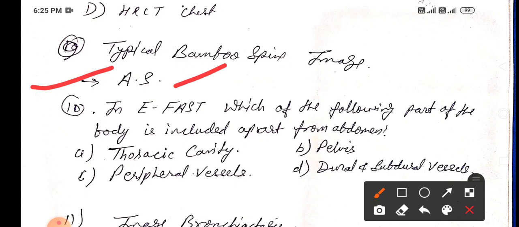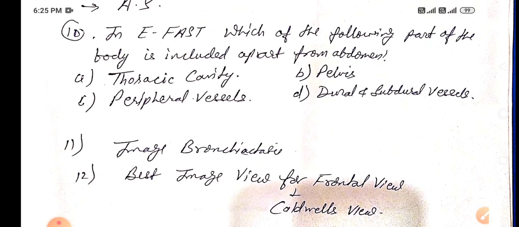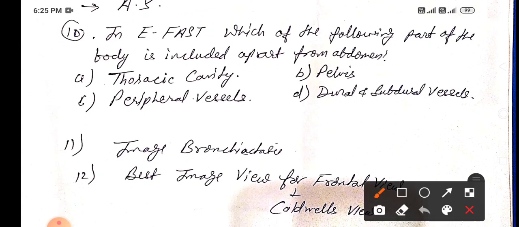In FAST, we include 4 parts of the abdomen, but in E-FAST, we include the thoracic cavity. So it is a direct MCQ. Now, an image of bronchiectasis. I'm going to make an individual separate video about all the image-based questions, where I will explain how to identify cystic fibrosis, bronchiectasis, etc.